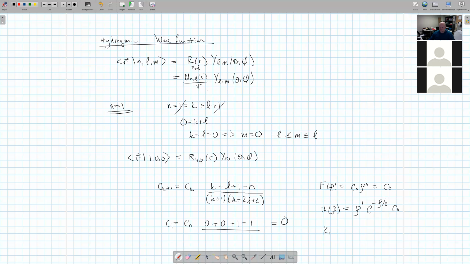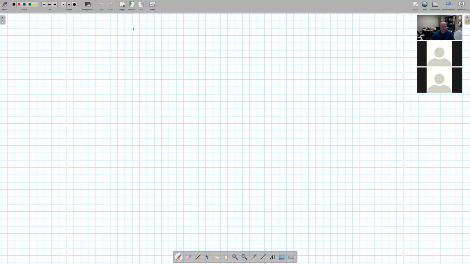Which means R_10 then is going to be equal to rho e to the minus rho divided by 2, C_0 divided by r. Now, if I use the definition of rho and plug all that in, I'm going to skip some steps, but we get R_10 is equal to 2 times Z divided by a_0, I'll define a_0 here in a second, e to the minus Z times r divided by a_0 times C_0.